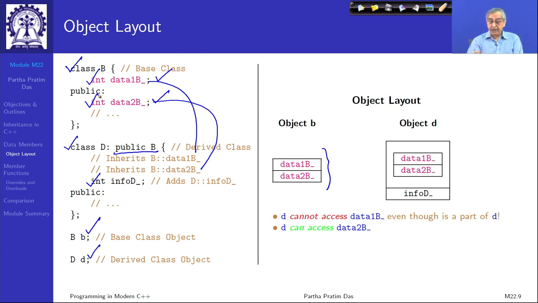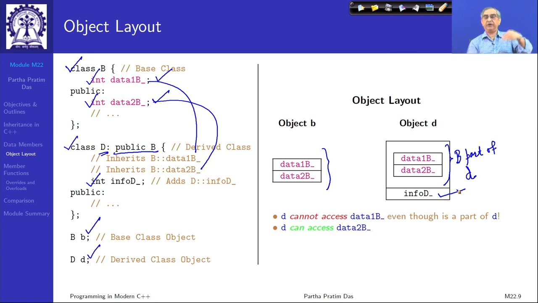In terms of a derived class object, I will have a base class instance for it. So, this is the B part of object D. Object D is of class D, capital D, but it will have a base part which is exactly the object of class B, and then it has the additional data member for the derived class.